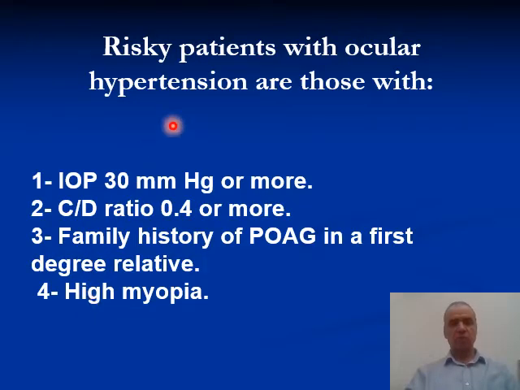If those people have intraocular pressure of 30 millimeters of mercury or more, because the prevalence of primary open-angle glaucoma is 25%, or if there is a sign of optic nerve damage, cup disc ratio of 0.4 or more, if there is a family history of primary open-angle glaucoma, or if there are signs and symptoms of pathological myopia or high myopia, we should start treatment in spite of having only one factor, which is rising of intraocular pressure without visual field defect and without optic nerve damage, because the risk or prevalence of glaucoma is high.